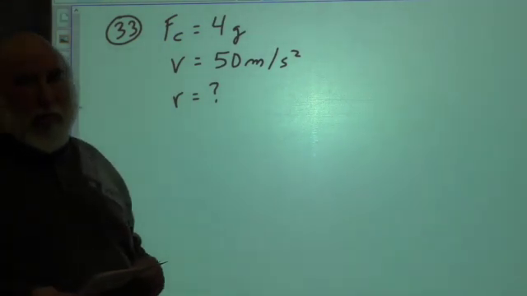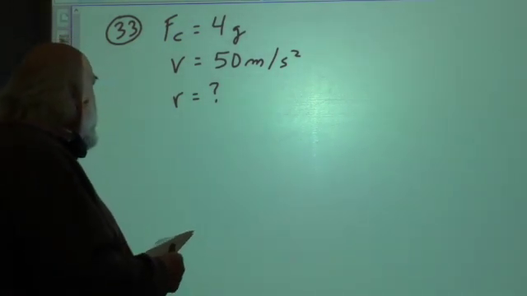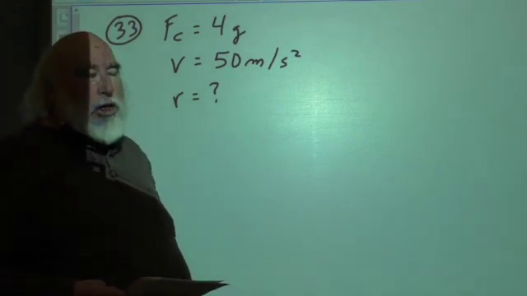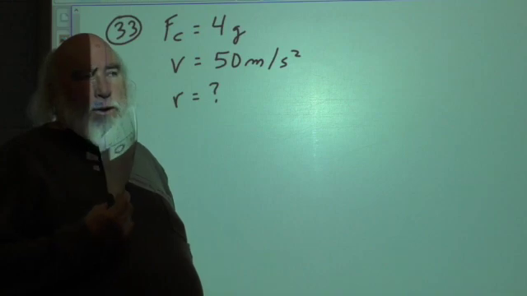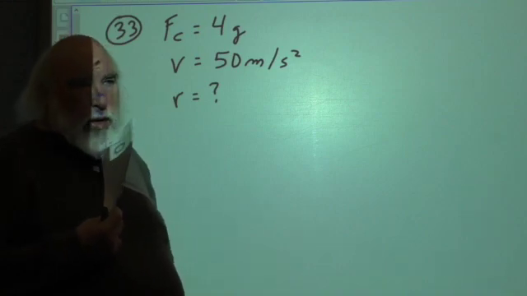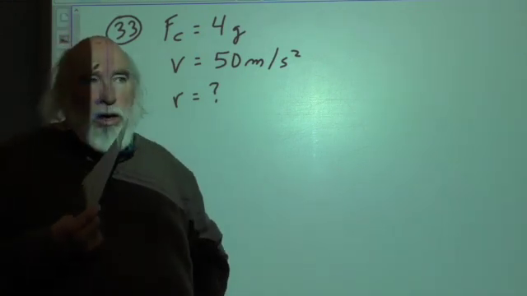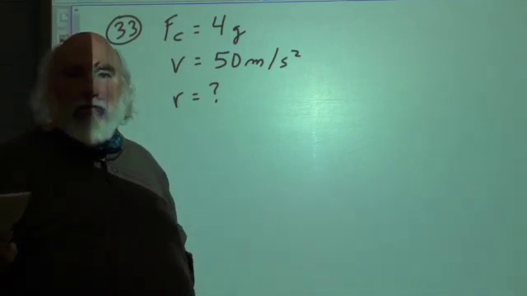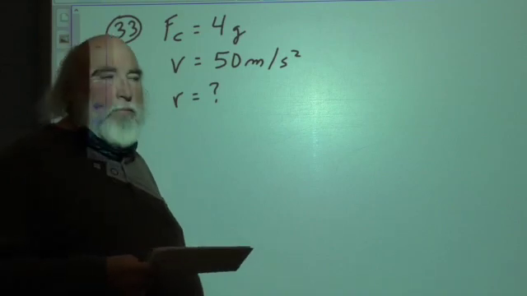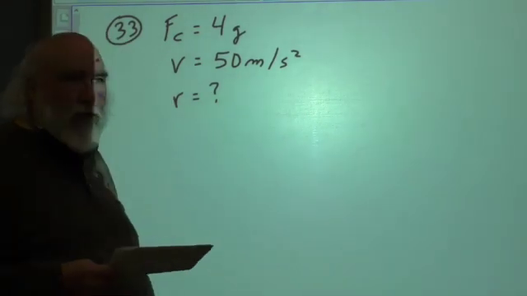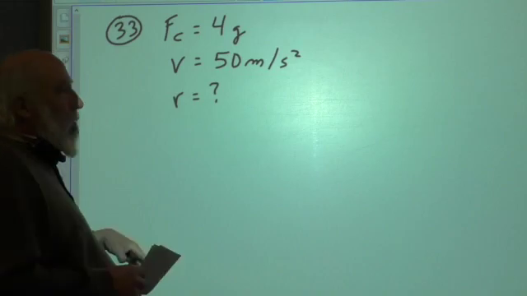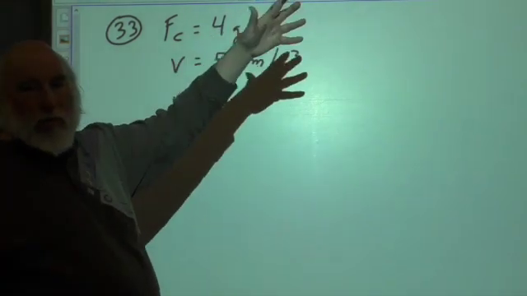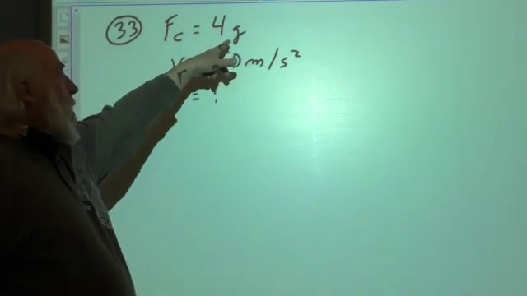Second problem we're going to look at is number 33 on the same page. We have a centripetal force of 4 G's. Now, G is a way of describing gravitational acceleration. When we're using weight, force in terms of weight, G is what we use.